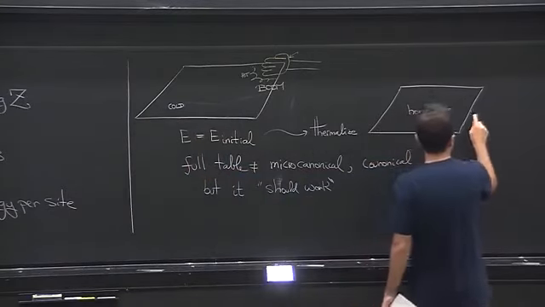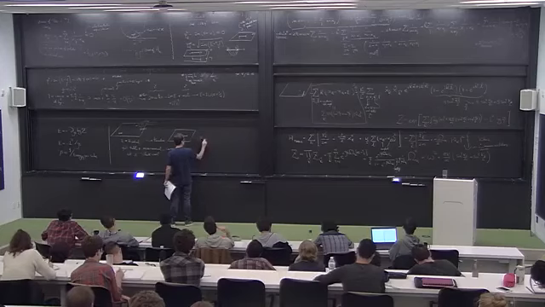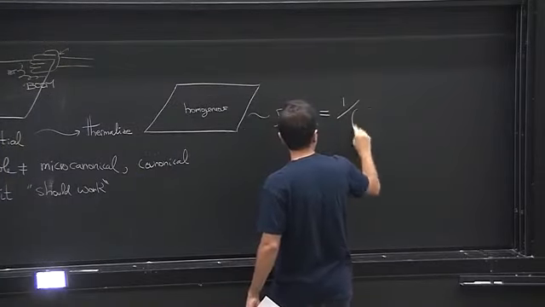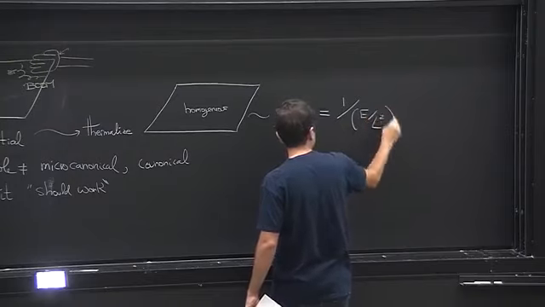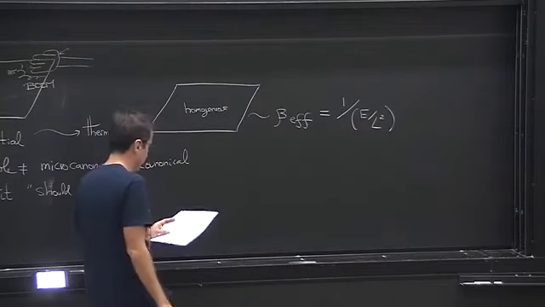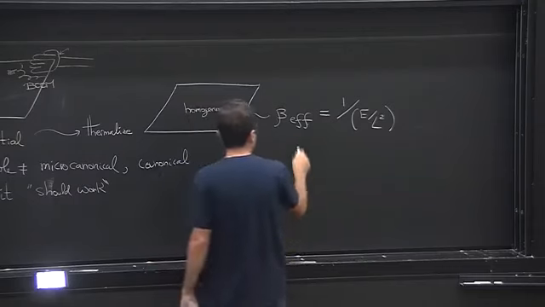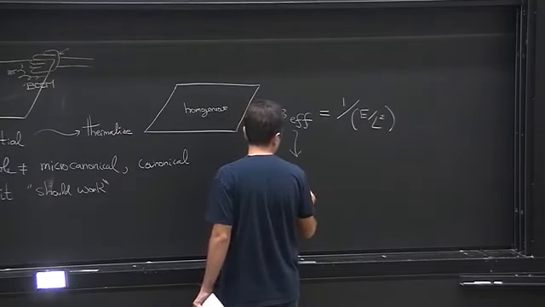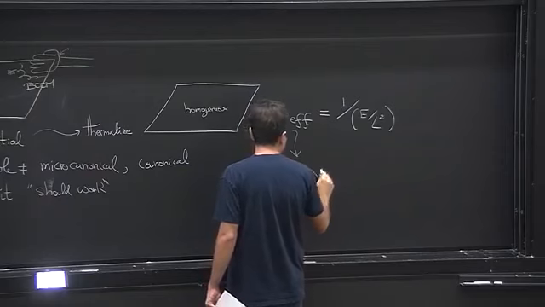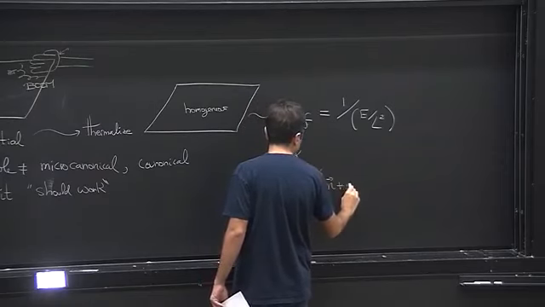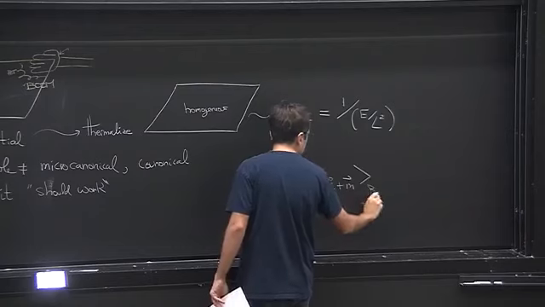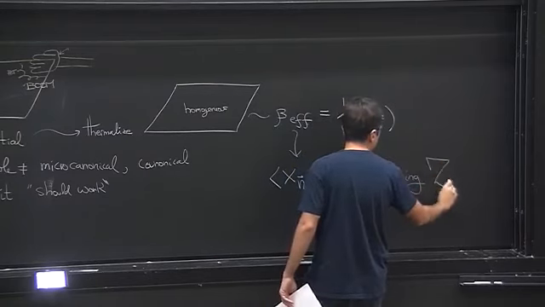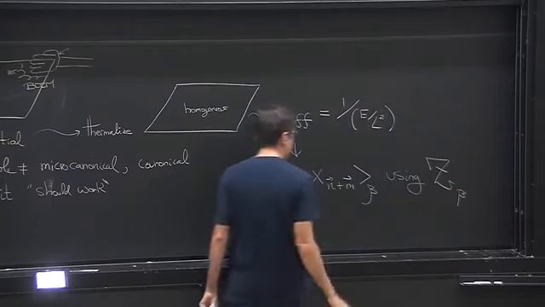When it's homogeneous, we know that it's at some effective temperature beta, which is just 1 over the energy per site. And then with this beta, for example, we could compute expectation values of the propagator, which are the correlations between two x's at some effective temperature using that partition function z that we computed there.